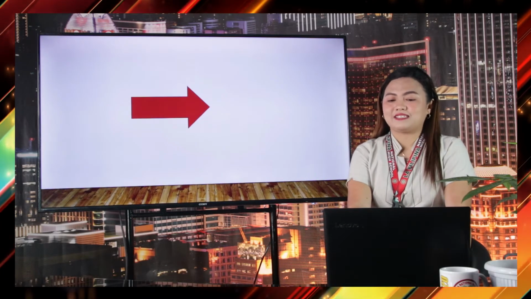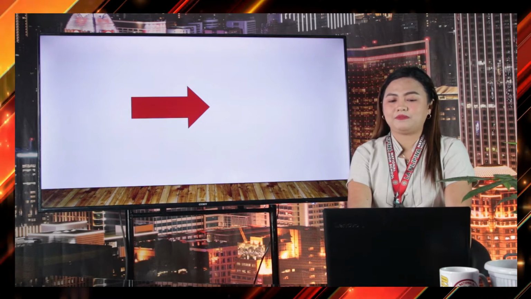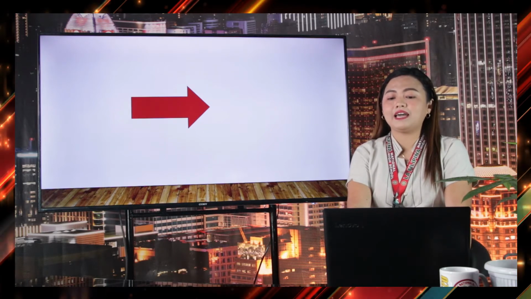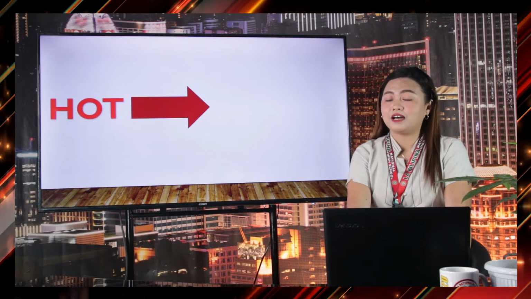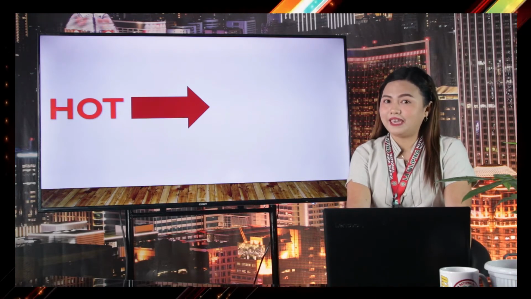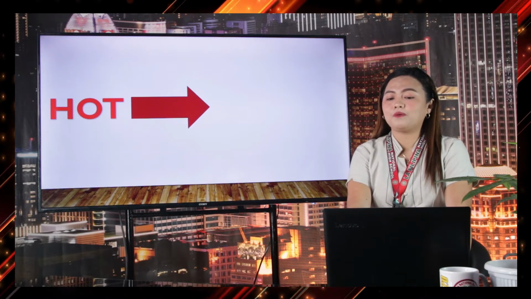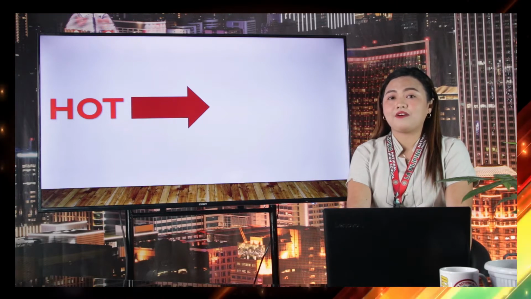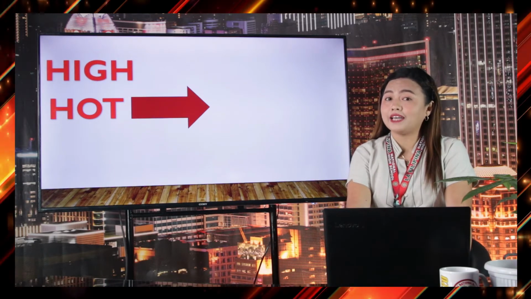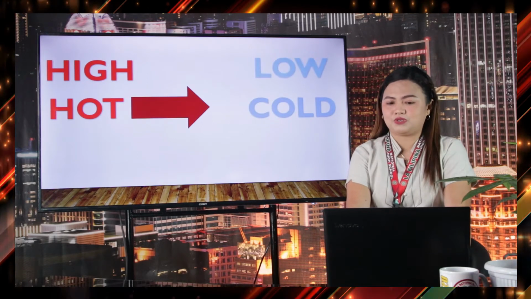In your previous lesson, you have learned about heat and temperature. An object with high temperature is said to be hot, and the word hot brings the word heat. The word heat is used only when referring to the energy actually in transit from hot or high temperature to cold or lower temperature.